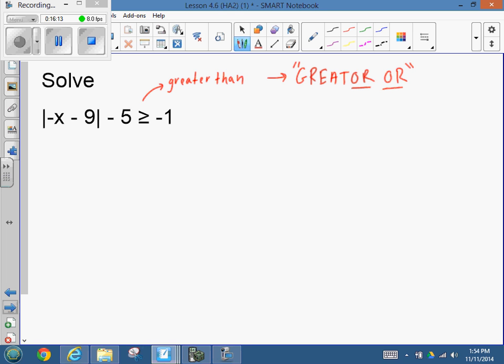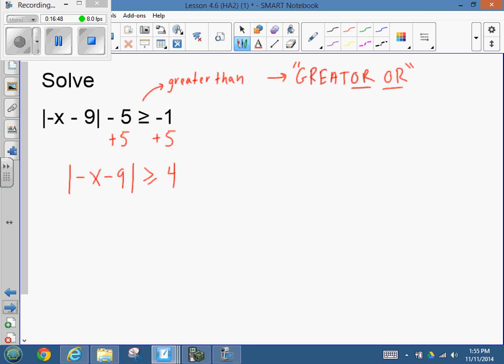I know I'm spelling greater a little differently, but I'm emphasizing the or because you're going to create an or statement after you solve for the absolute value. Your first step, of course, is going to be to get rid of this minus 5, and we're going to add 5 to both sides. That's good because we know that we couldn't have this equal to a negative number. And so that negative 1 becomes a positive 4.